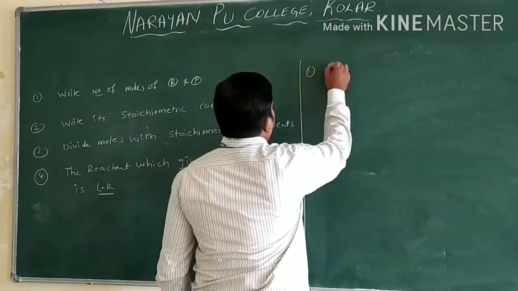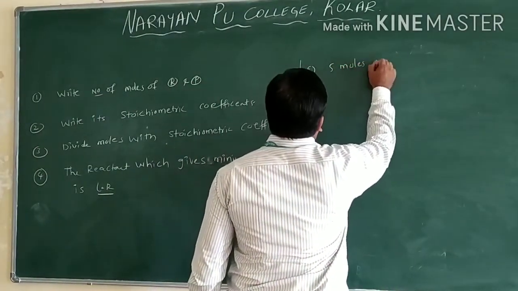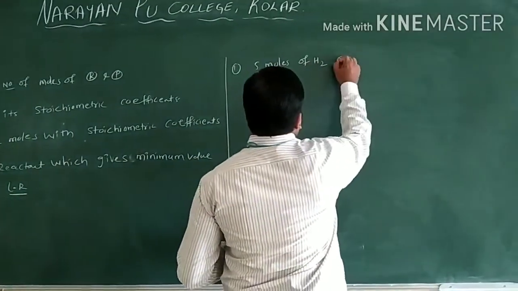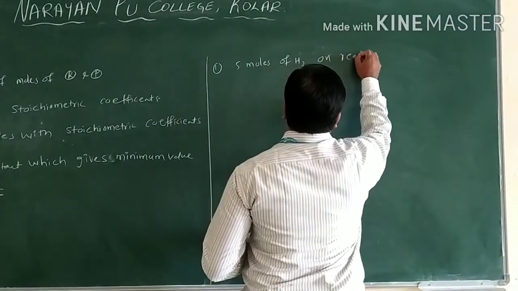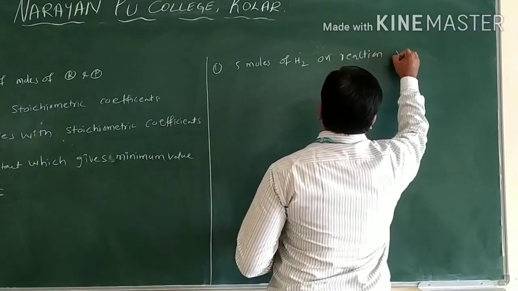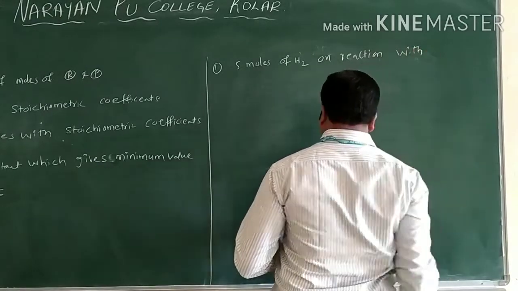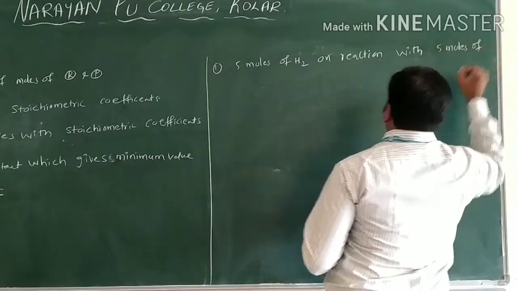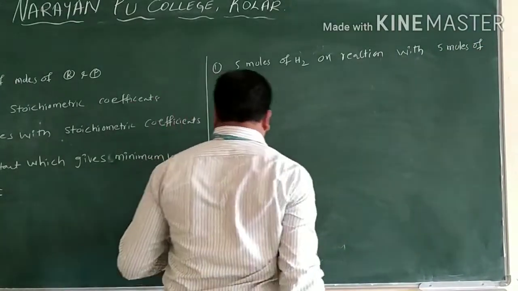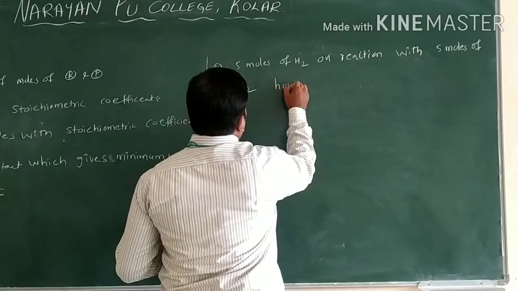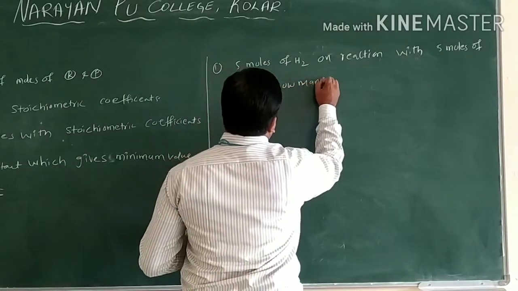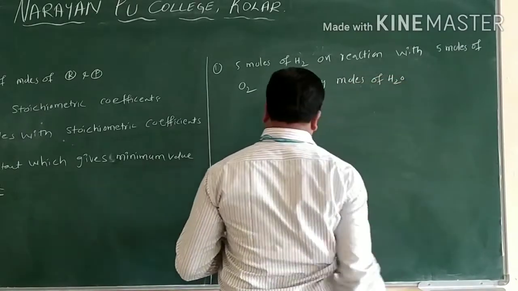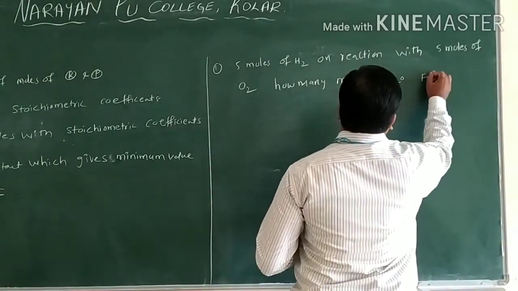5 moles of H2 on reaction with 5 moles of O2. How many moles of H2O are formed?